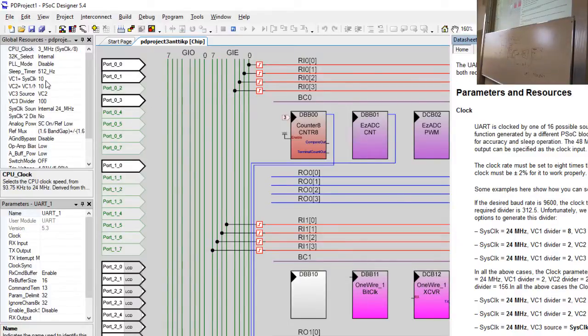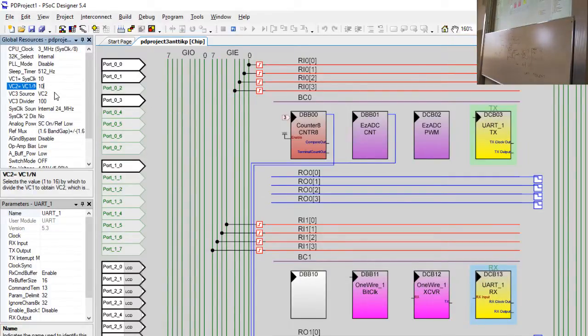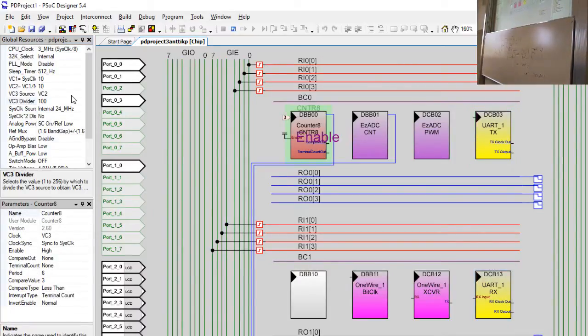Currently our setting is 10, 10, 100 because we wanted that 10 kilohertz, or 20-some kilohertz in here. So we need to fix those, and first take the VC1, 2, 3 and change those so that we can get the correct bit rate, and then fix the frequency after the counter.